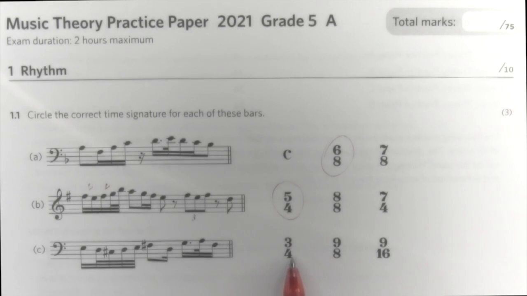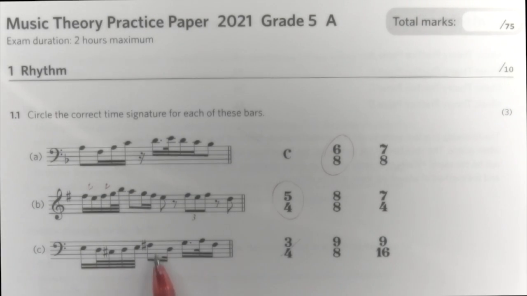We have as options 3/4, 9/8 or 9/16. So let's analyze these first. Do we count here in crotchets, in quavers or in semiquavers? Definitely not in crotchets, because look at this. If we were in crotchets, there is a dot missing here, so we are not.